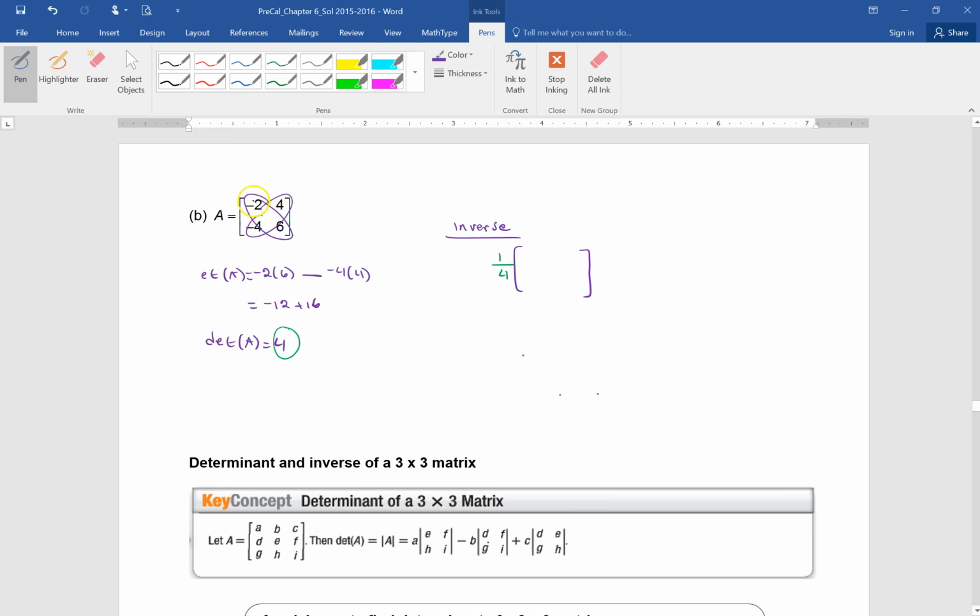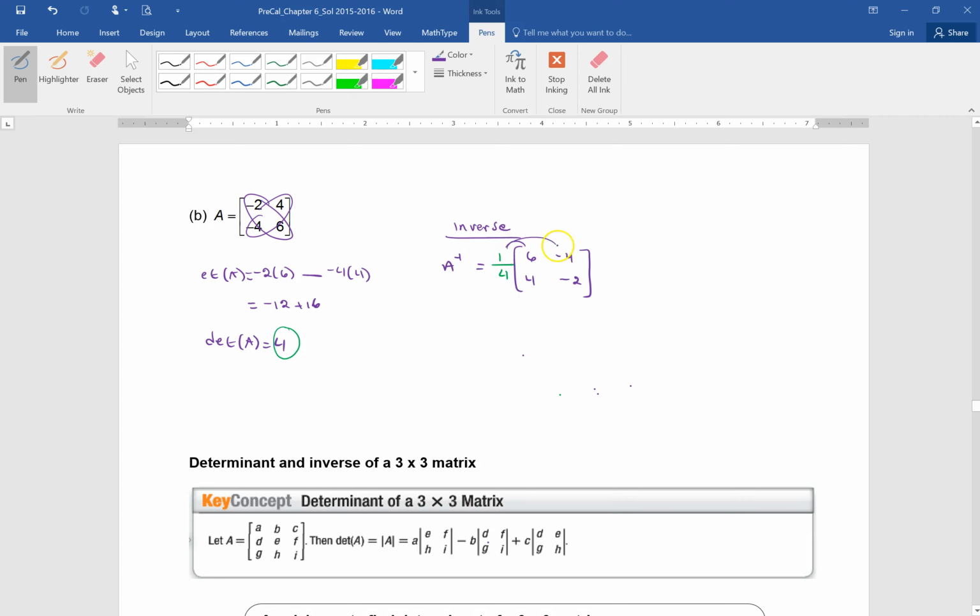So 6 comes up here, negative 2 goes down there. The other diagonal stays where they are, they just change sign. So 4 becomes negative 4, negative 4 becomes positive 4. That's it. And then this is A inverse.